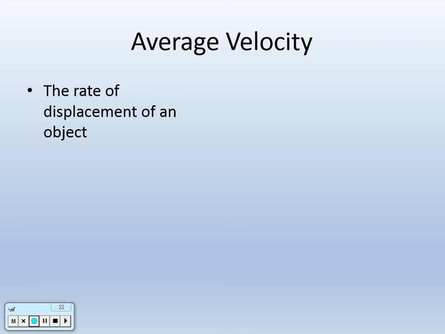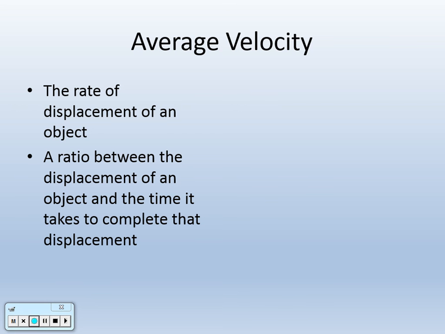Right? Distance and displacement are two different things. So it's a ratio of the displacement and the time. Those sound similar to what you just wrote down right above it on your outline, but it's not. It's a ratio between displacement and time.